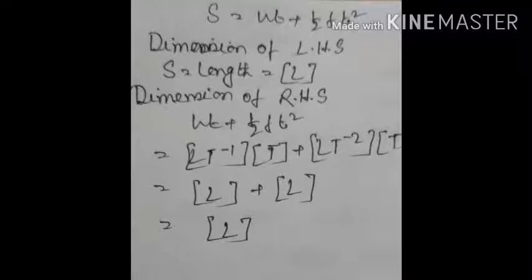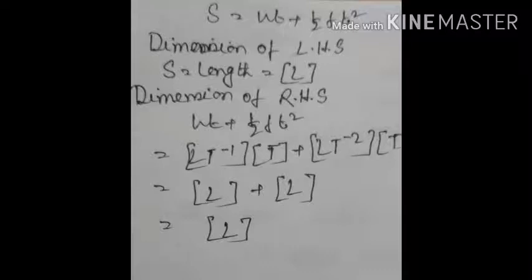So let us consider the equation s = ut + (1/2)ft^2. Now the dimension of the left hand side, it is s, that is a length, so L. Dimension of the right hand side, ut + (1/2)ft^2. This is the basic rule to calculate a dimension: ut and (1/2)ft^2 will be dimensionally the same, then we can calculate this.